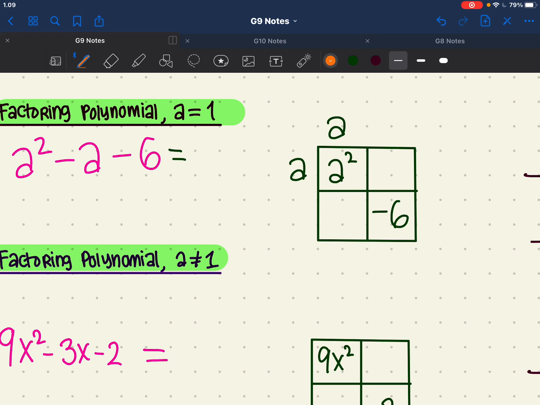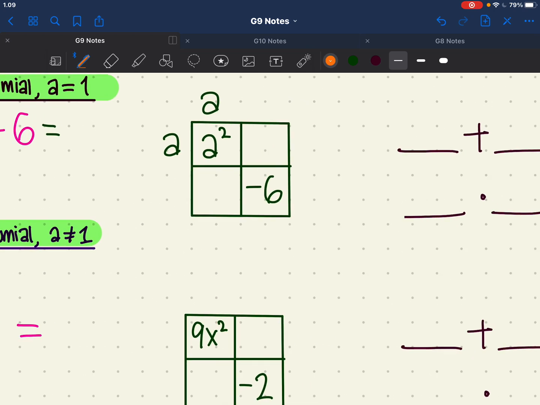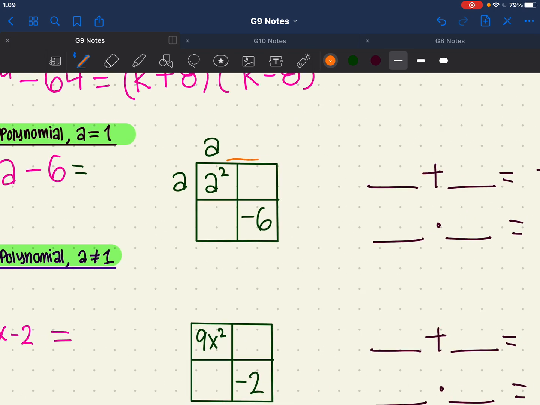So you guys know how this works. We're going to fill the row on the very top and the column on the very left with the factors of these. So a times a is a squared, and we are trying to find these two factors here.